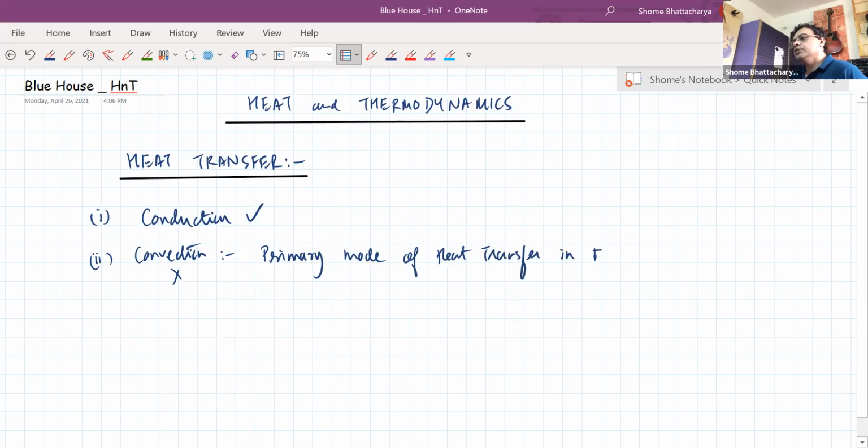in fluids, and it occurs through a phenomenon which is called convection currents.